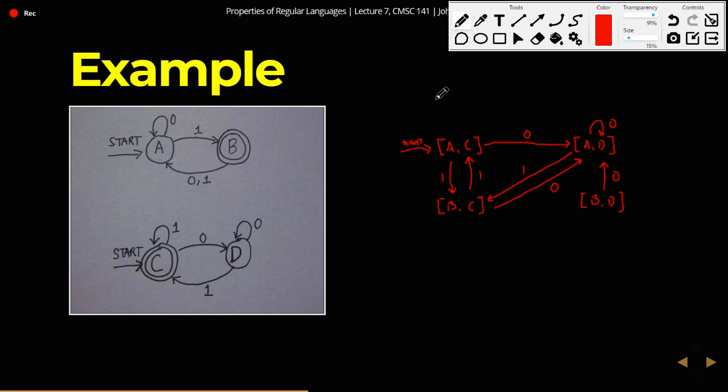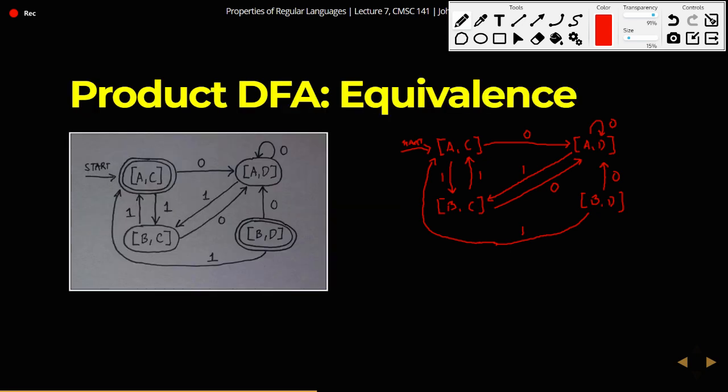So that's AC. So it's all the way up here. So we need to loop this all the way here on a 1. Okay, so this is now our product DFA for these two DFAs. Okay. Now, so we can see that they are the same here, right?